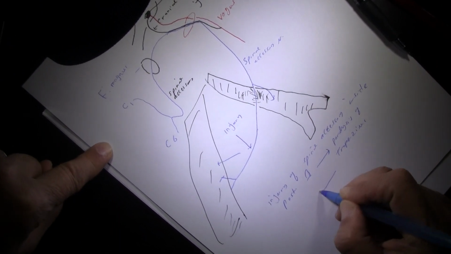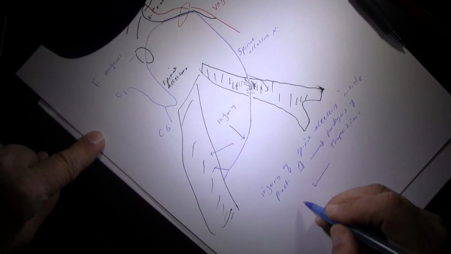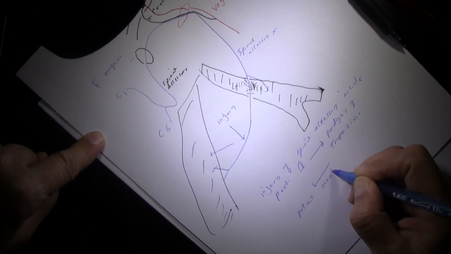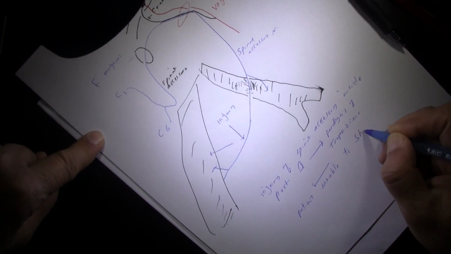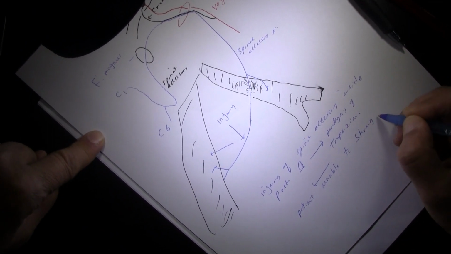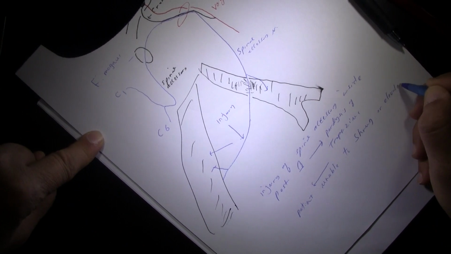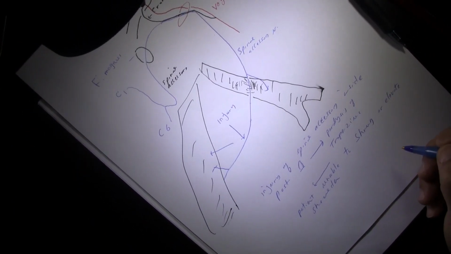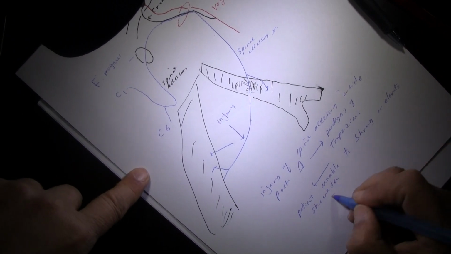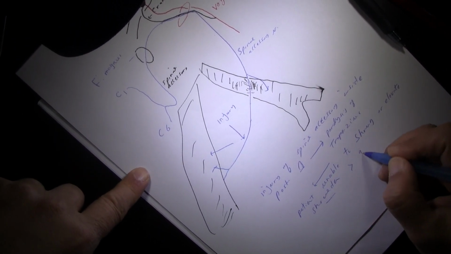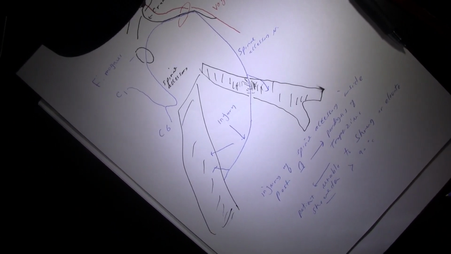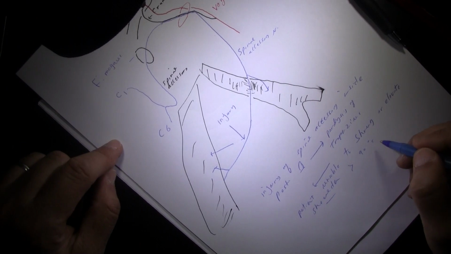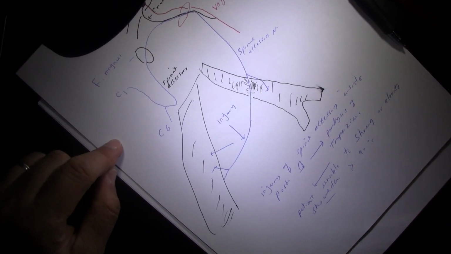Injury of the trapezius means the patient is unable to shrug or elevate the shoulder, especially above 90 degrees, because the trapezius is responsible for elevating the arm above 90 degrees, which is basically rotation of the scapula.